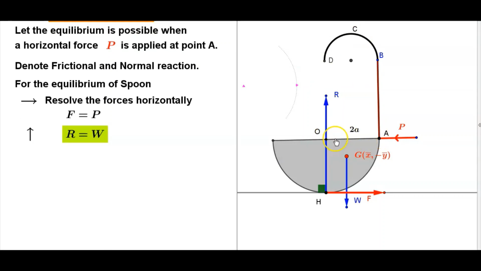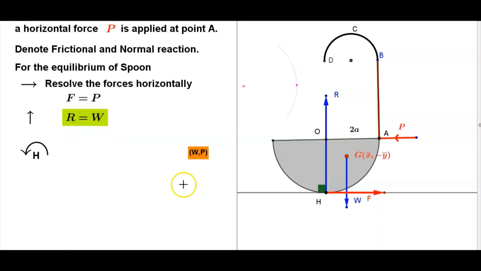This distance is 2A. Now we take moments about point H. What are the forces coming? Only P and W. W in this direction, P in the opposite direction.